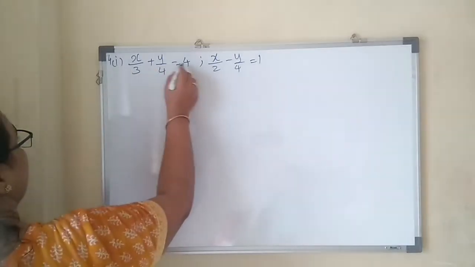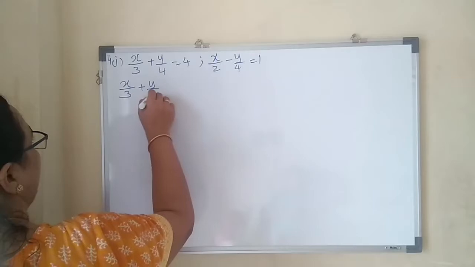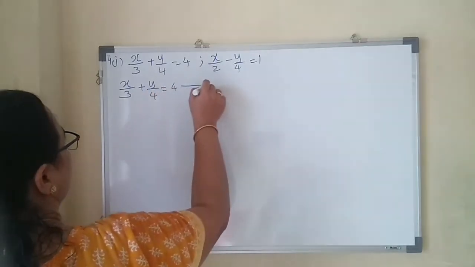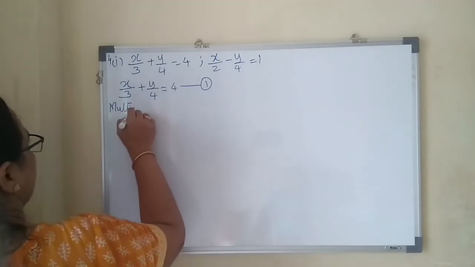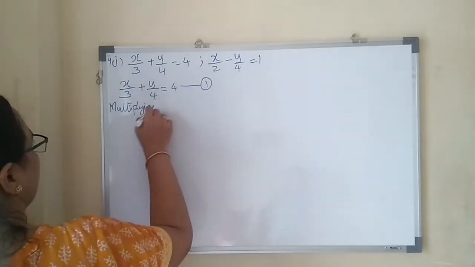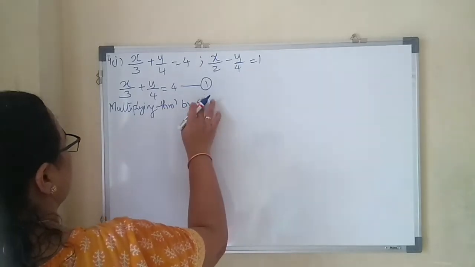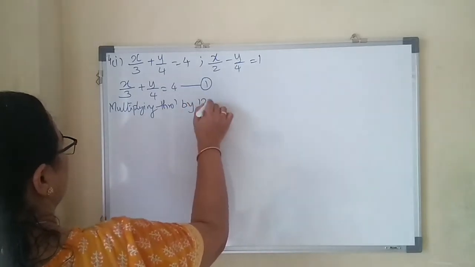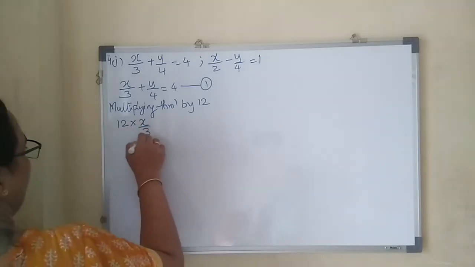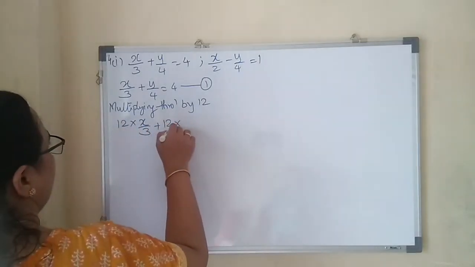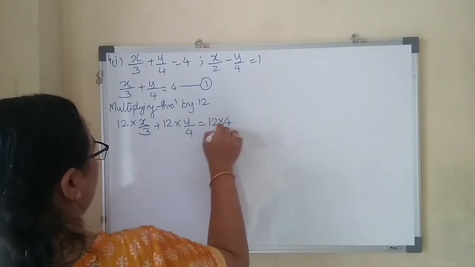So we pick the first equation, x upon 3 plus y upon 4 equals 4, equation 1, multiplying throughout by 12. 12 into x upon 3, 12 into y upon 4, 12 into 4.